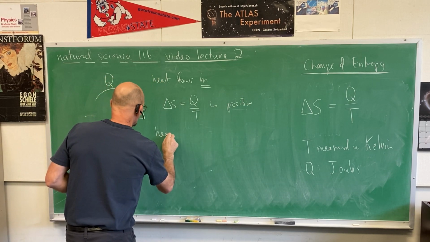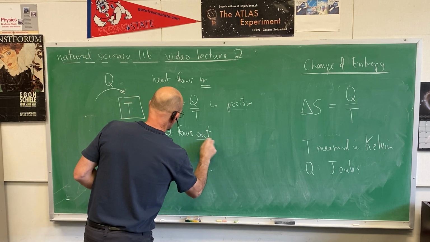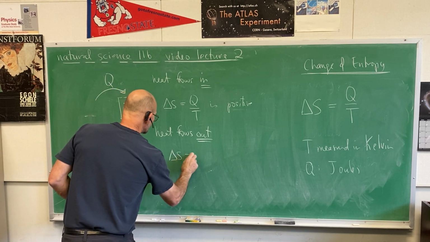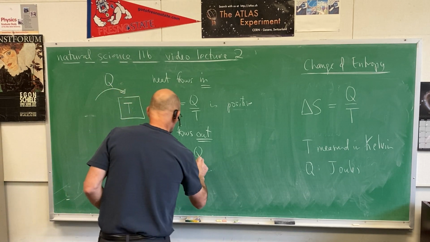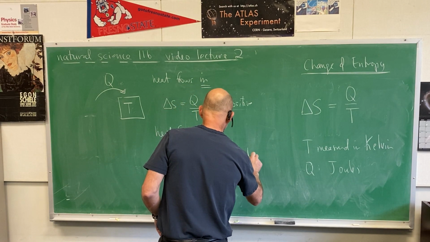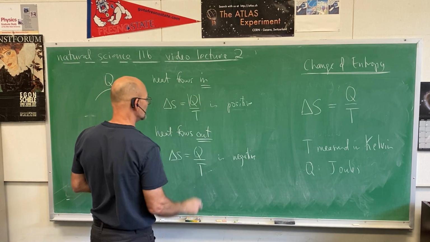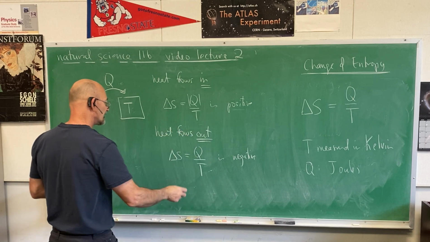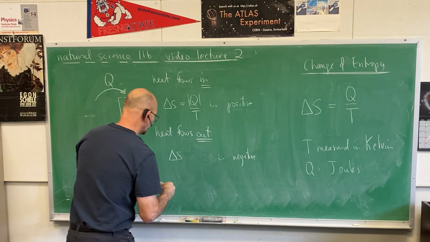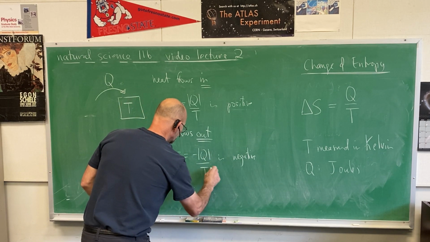If the heat flows out, then we would say delta S equals Q over T is negative. So I can say this, it would be the absolute value of Q flowing in over T is positive, and this one here, I could say equals minus the absolute value of Q over T, and it's negative.